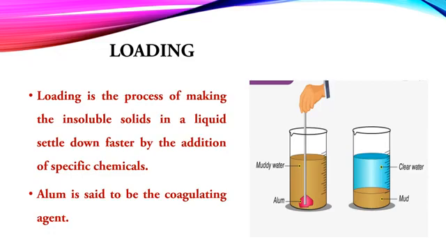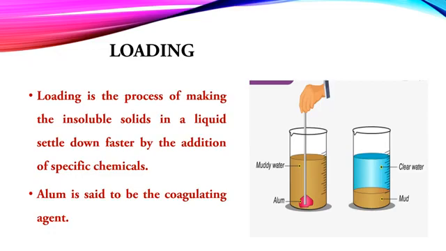When the piece of alum is rotated in muddy water, some of the alum dissolves in water. The particles of dissolved alum deposit on the suspended clay particles of muddy water. In this way, the suspended clay particles become loaded with heavy alum particles.